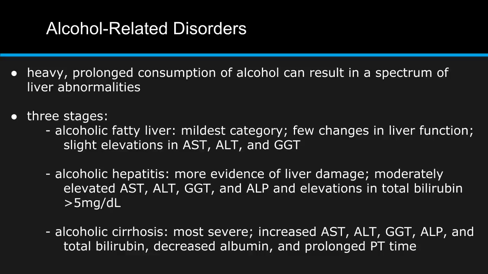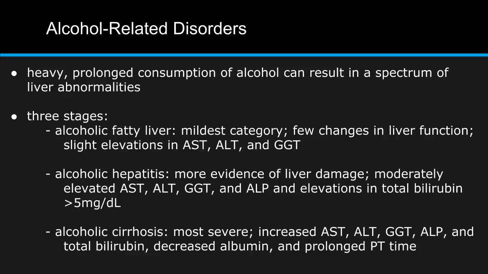Alcohol-induced liver injury may be categorized into 3 stages: alcoholic fatty liver, alcoholic hepatitis, and alcoholic cirrhosis. Alcoholic fatty liver represents the mildest category, where very few changes in liver function are measurable. This stage is characterized by slight elevations in AST, ALT, and GGT.